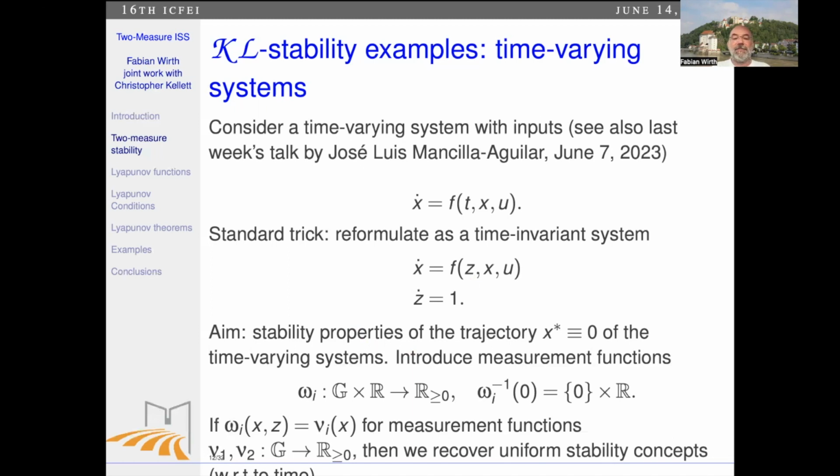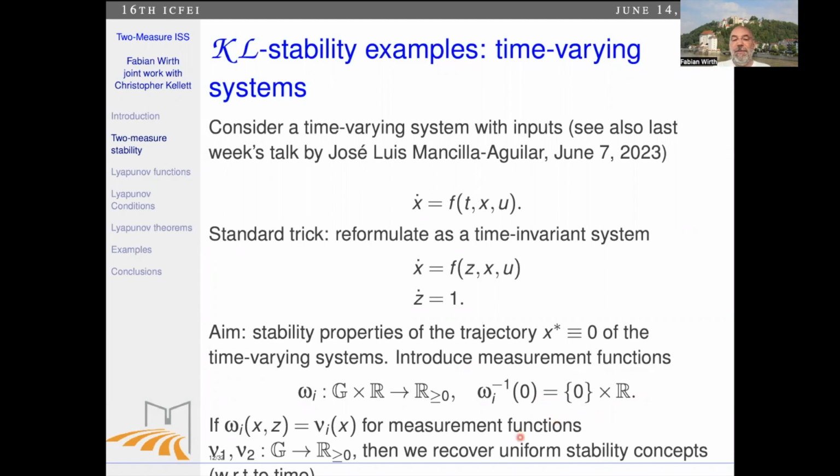And then, if we want to say that the trajectory which is constantly equal to 0 is a solution of your system for the 0 input, let's just assume that, and we're interested in stability properties of that solution for the time-varying system, then we could look at the time-invariant system and introduce measurement functions which have the property that the 0 level set is basically the trace of that trajectory, so 0 times R, if we assume that the system is defined on all of R. That would still allow you to talk about uniform and non-uniform concepts.